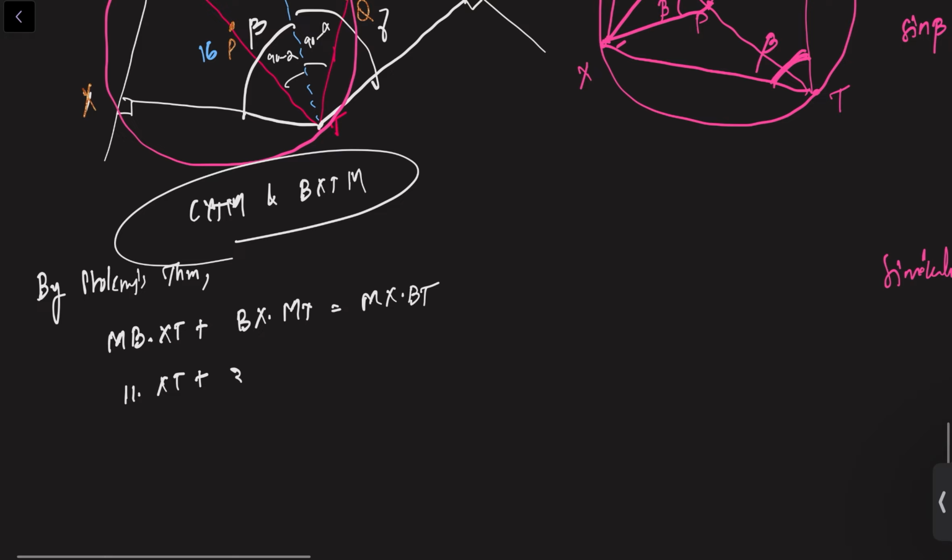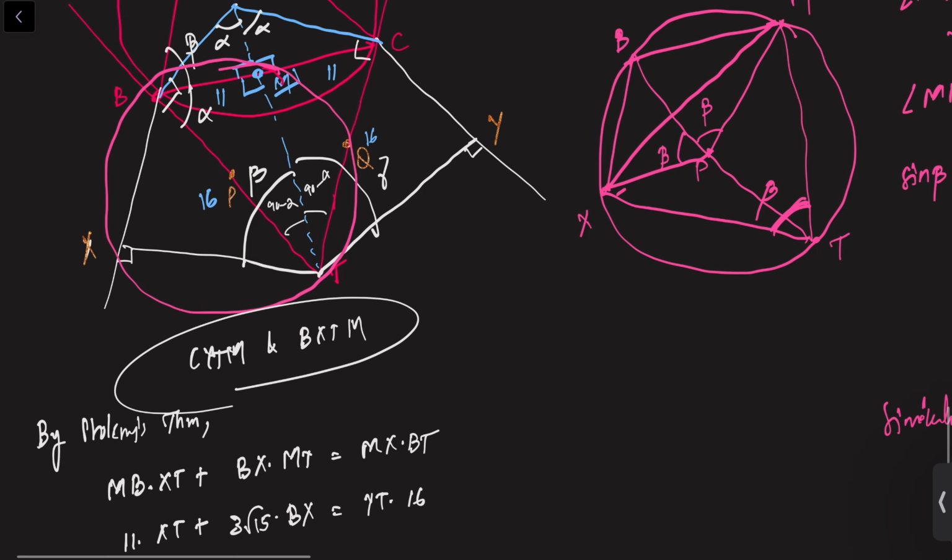And since BM is 11, XT I can take as XT, and MT we also found as 3 root 15, times this BX is equal to, now since we got MX is nothing but YT, I'm writing it as YT into this BT, which is 16, because we know that BT is 16, this is 11, and this MT is 3 root 15.